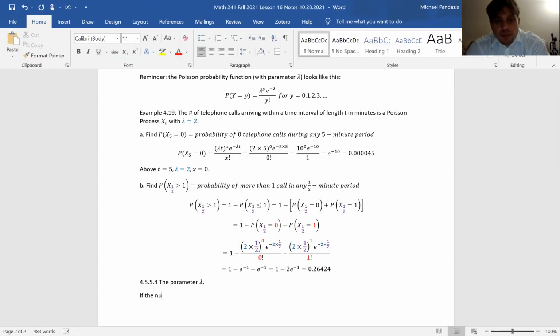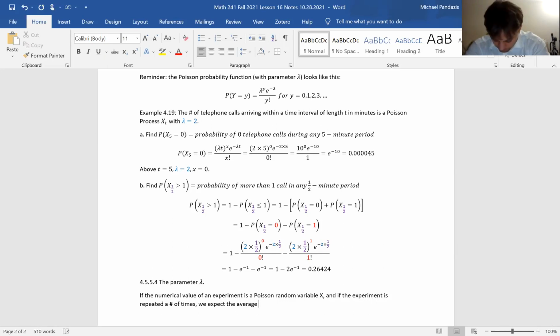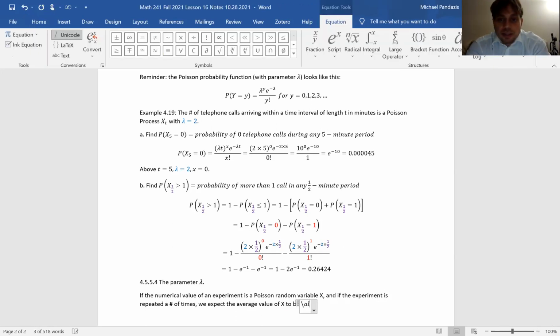Okay, so if the numerical value of an experiment is a Poisson random variable X, and if the experiment is repeated a number of times, we expect the average value of capital X to be lambda.